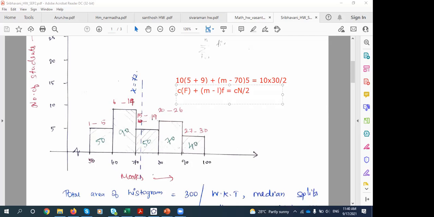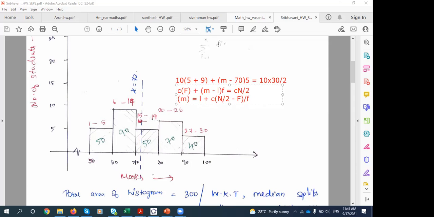And now if you do some algebra, you will see that m minus L is C times N by 2 minus the cumulative frequency, and you have to divide that by F. Then you have to add L. That takes care of this.